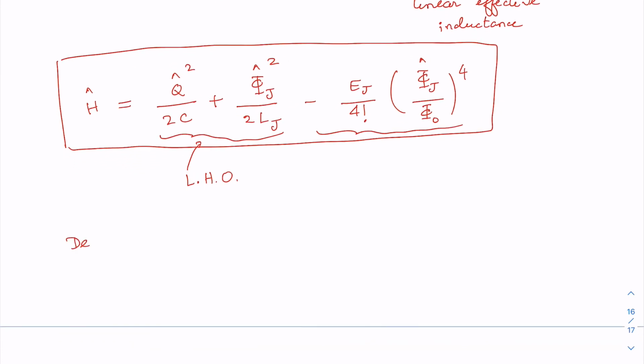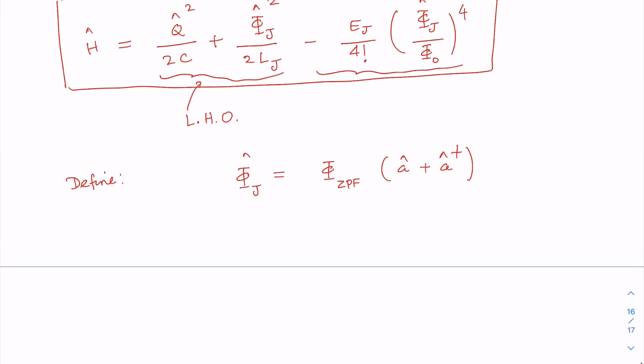Therefore, we can define phi j in terms of creation and annihilation operators in this form. That would be phi zpf, the zero-point fluctuation of the magnetic flux, into a plus a dagger.